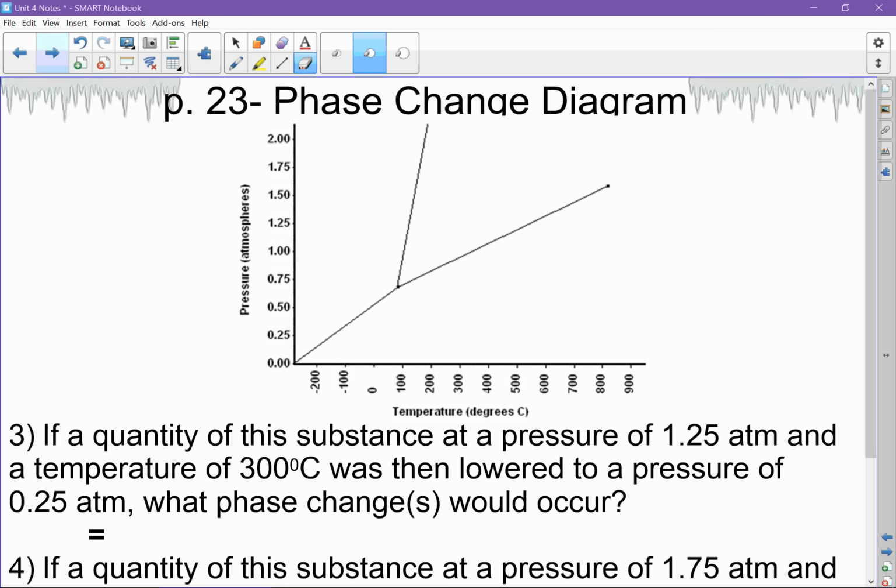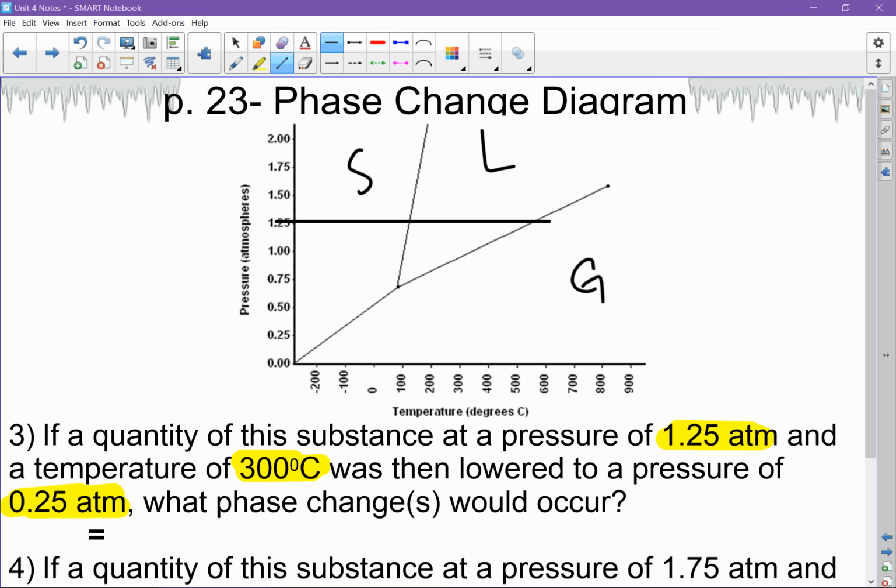Now if we actually start doing some changes, we've got a lot of numbers and things going on. So one of the things you might want to do is highlight and figure out where all the numbers are. What do I actually need in here? Get your slug on your graph if you don't have that yet. So this tells me that I'm starting at 1.25 atmospheres. So that's like there.